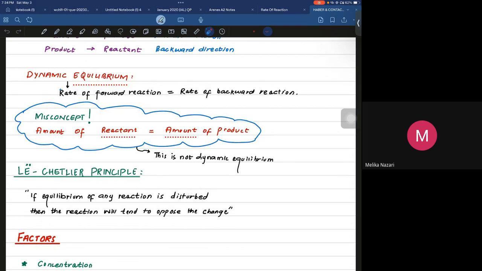When you look at me and I look at you, I would assume that you are not moving and you would assume that I'm not moving. But in fact, both of us are moving. With a constant velocity, it seems like we are not moving. This is known as dynamic equilibrium.